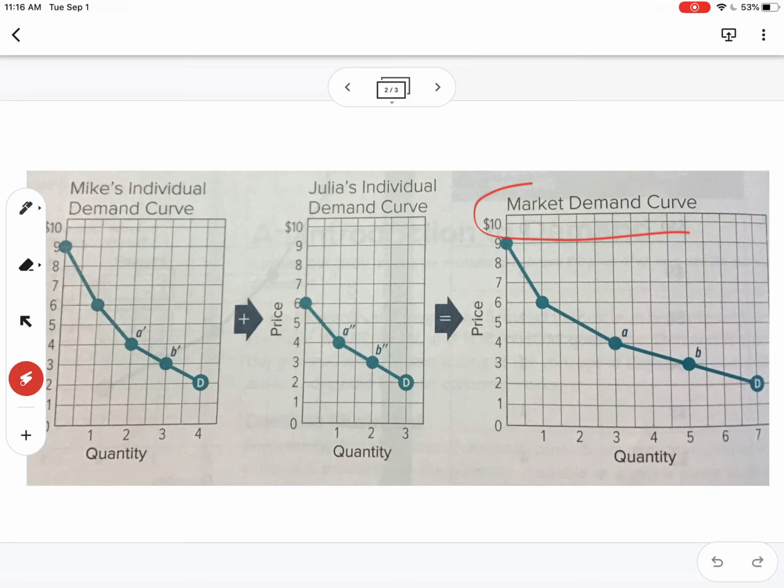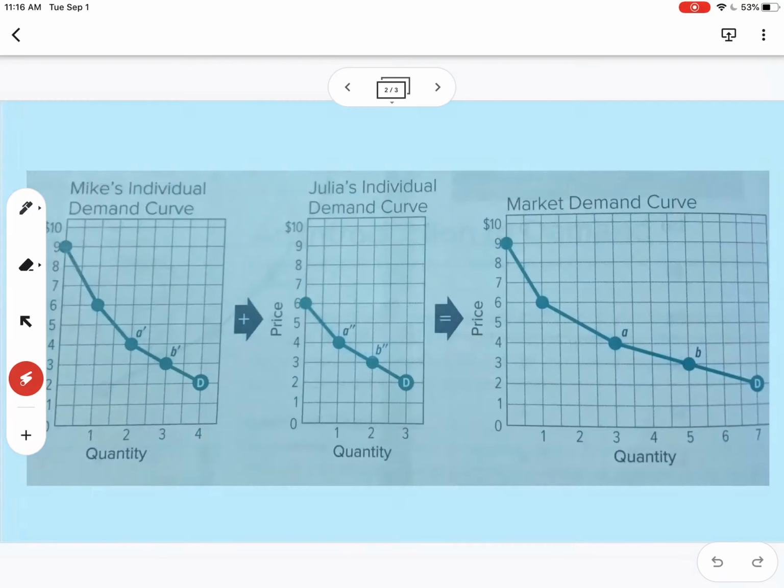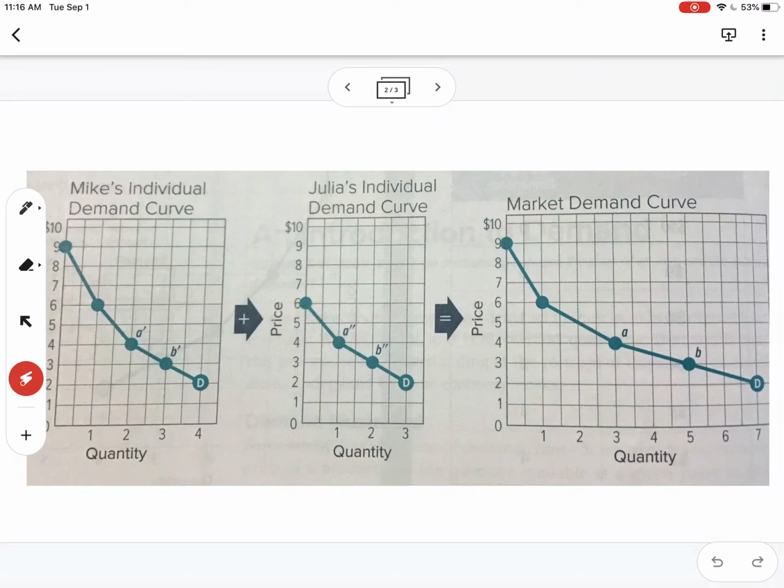Next, we're going to look at what's called a market demand curve. So over here, you have two more individual demand curves. And what the market demand curve shows is these two demand curves combined into one to represent the market for hot dogs. So you'll see it's just simply a combination. At $9, no one's willing to buy any hot dogs, so it's at 0.